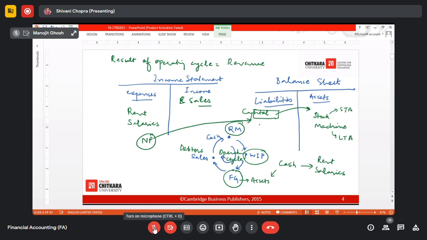But the point I wanted to make here, when I was discussing revenue expenditure and capital expenditure, is that whenever an expenditure has happened in the organization, it results in the running of the operating cycle. But the nature of the expenditure decides whether it is a capital expenditure or a revenue expenditure.